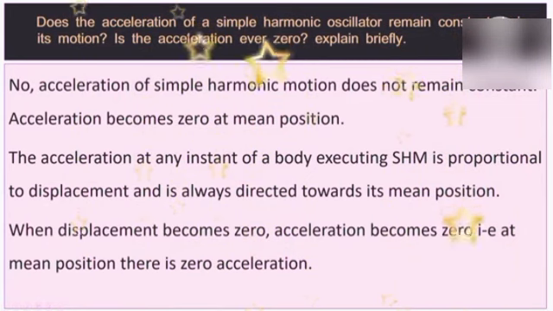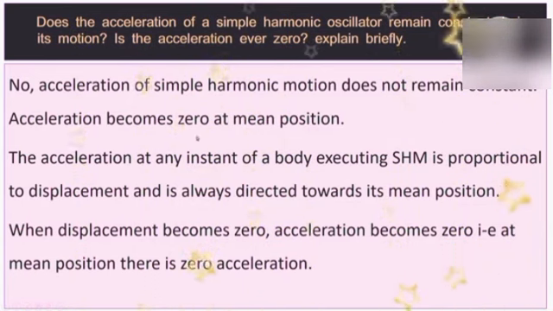Does the acceleration of a simple harmonic oscillator remain constant during its motion? Is the acceleration ever zero? Explain briefly. No, acceleration of simple harmonic motion does not remain constant. Acceleration becomes zero at the mean position.